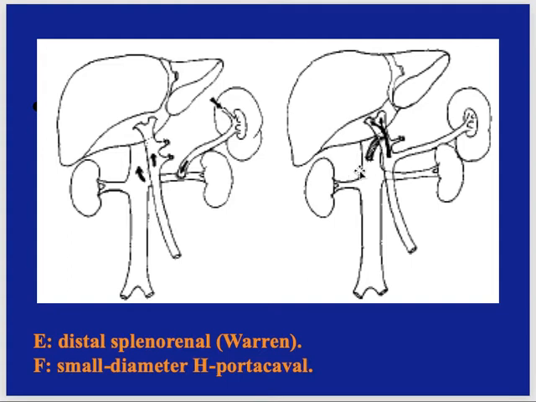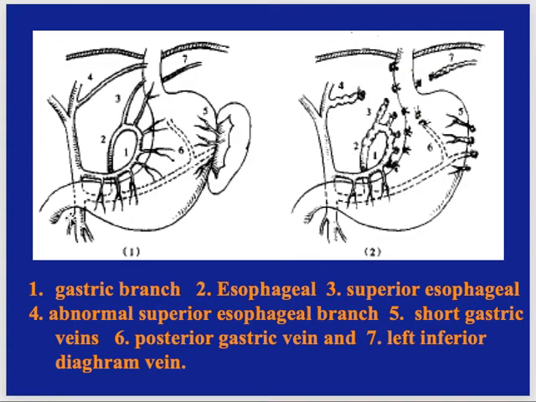Okay, they put it to the inferior vena cava. So that's all. That's all about portal hypertension, and in this one, the esophageal bleeds are the most important topic which you have to cover.